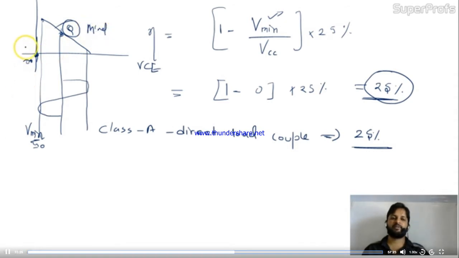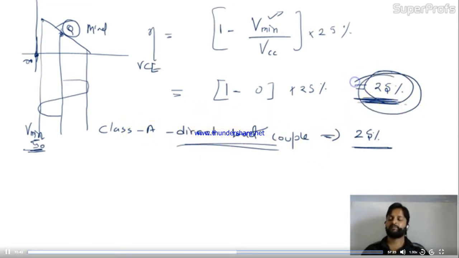Otherwise, this Vmin will go into the negative region. So for the maximum efficiency of the class A direct load coupled amplifier, the maximum efficiency will be 25% when the Q point is located at the middle.